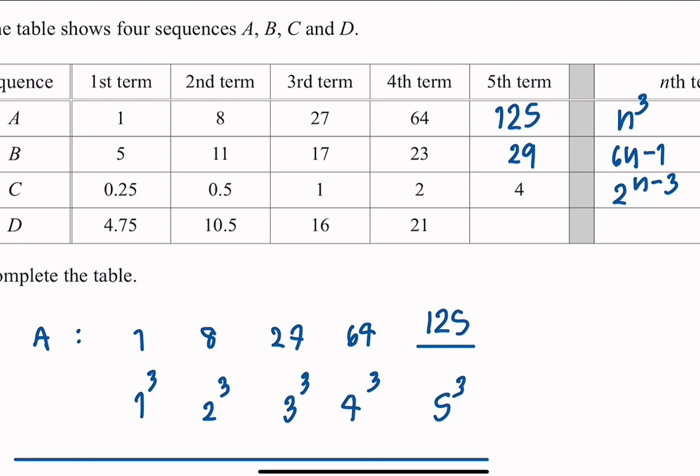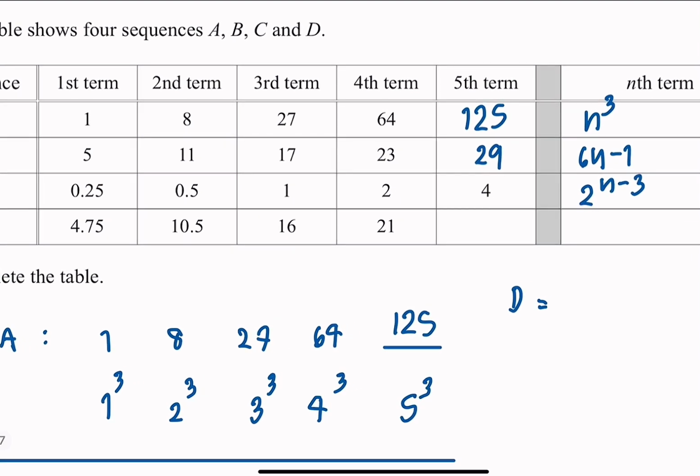And lastly, sequence D. If you look at the table, the value of D is equal to the value of B minus C. 23 minus 2 is 21. 17 minus 1 is 16.